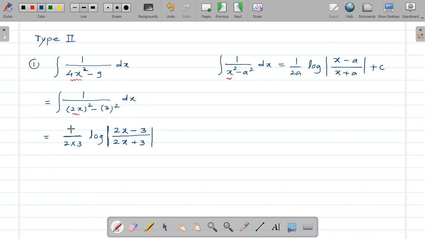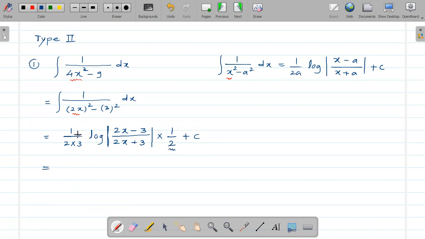So after getting 1 upon 2 into 3 into log of modulus of 2x minus 3 upon 2x plus 3, we have to divide this integration by the derivative of 2x. Now derivative of 2x is 2, so that's why you have to multiply by 1 by 2 plus constant, where 2 is nothing but the derivative of 2x.